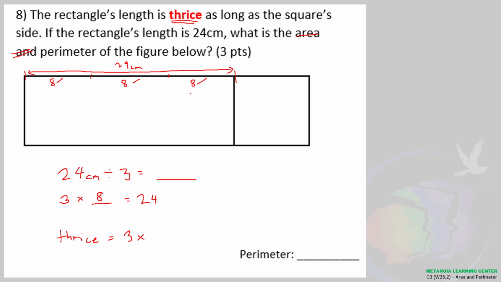So 8 yan sila, 8, 8, and 8. And this unit here is actually equivalent to the side of the square. So kada isang side ng square ngayon is also equivalent to 8. So from there, with all this given information right now, you'll be able to solve for the perimeter of the figure.